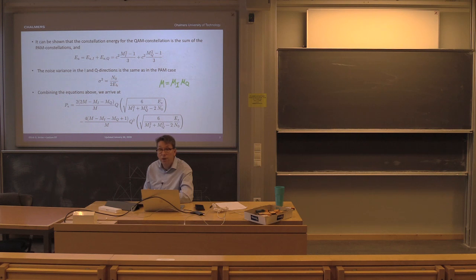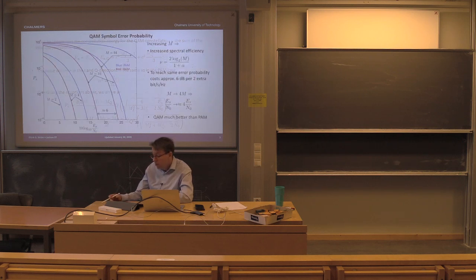Okay, so let's compare then pulse amplitude modulation and quadrature amplitude modulation and see which one is the best. Okay, and then we get curves like this. So if you look at this, we have blue curves, which are for pulse amplitude modulation, and we have red curves for QAM. And we have the 64 PAM here and the 64 QAM here.